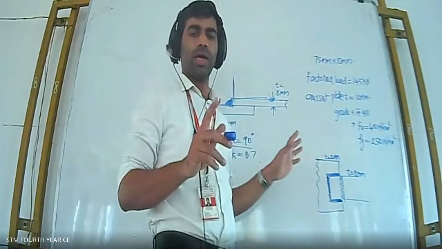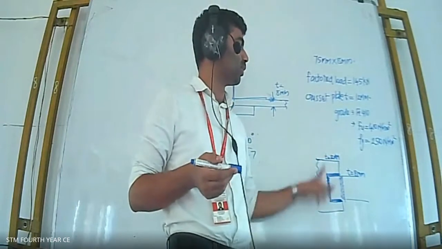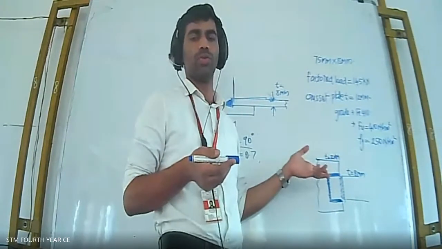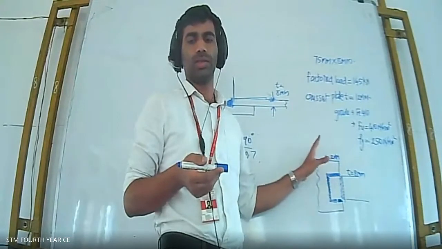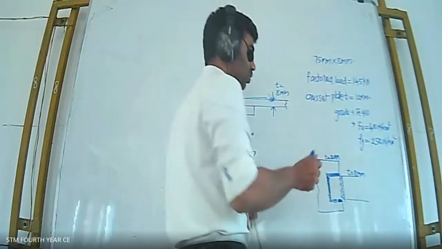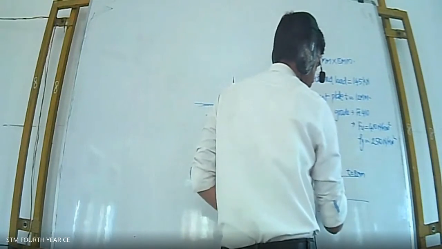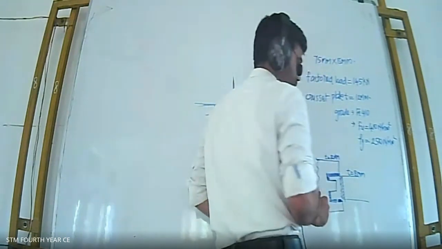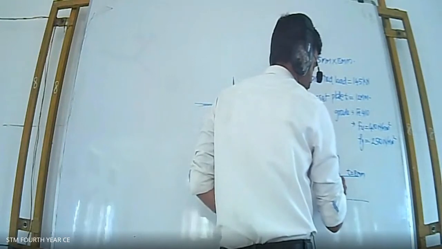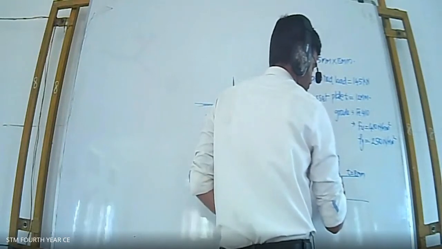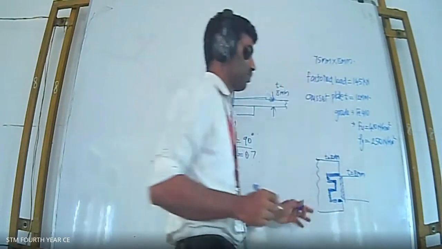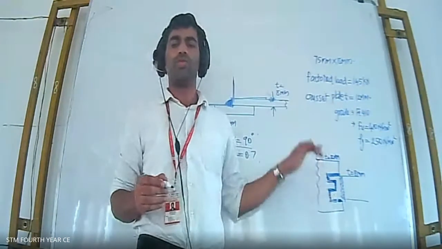And even if this much length is not sufficient, then what should you do? You can make a cut like this, and you can have welding here. You have to make a slot and weld it.